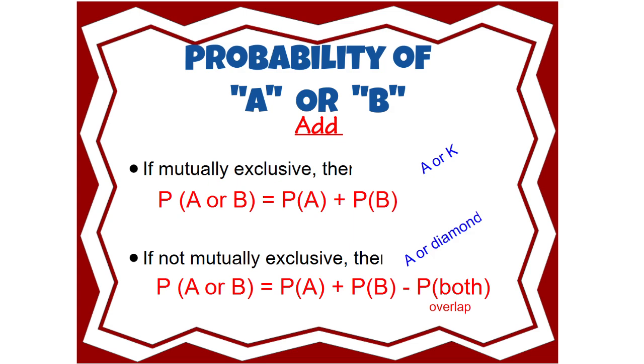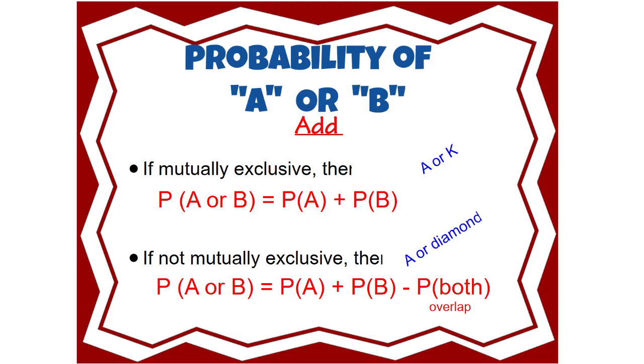So the probability of A or B happening, those are some events. That word or indicates you should always add. Or means add. So typically what you'll do, the probability of A or B occurring, whatever these events might be, you're just going to take the probability of A happening plus the probability of B happening, add it together.